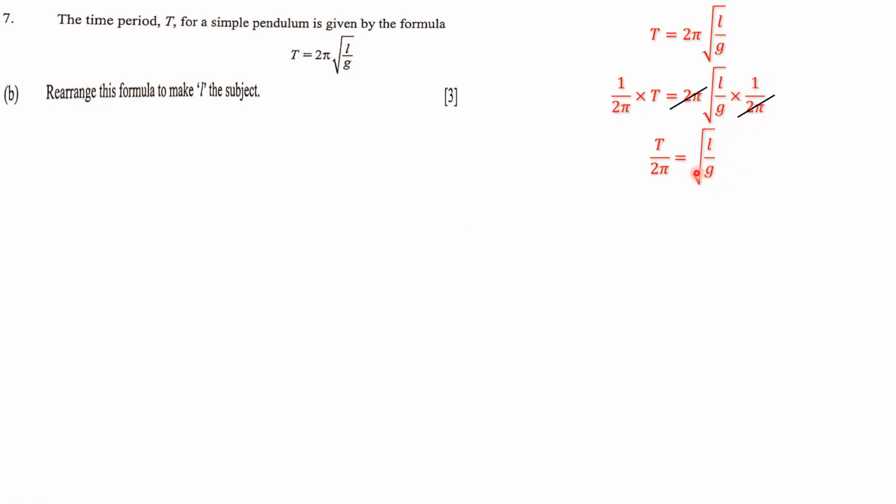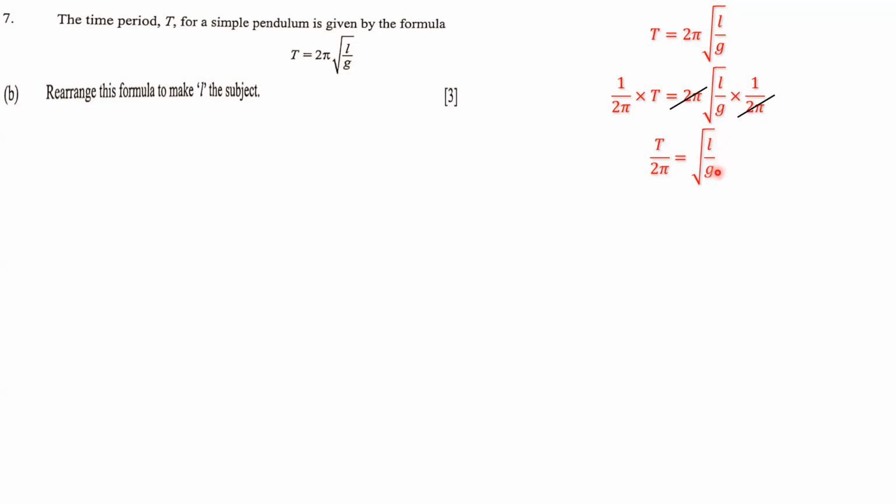By the way, on this side, we have to multiply by 1 over 2 pi, because whatever you do on the right-hand side, you must do on the left-hand side. So we do 1 times T, which is going to be T. And so we have T over 2 pi equals the square root of L over G.